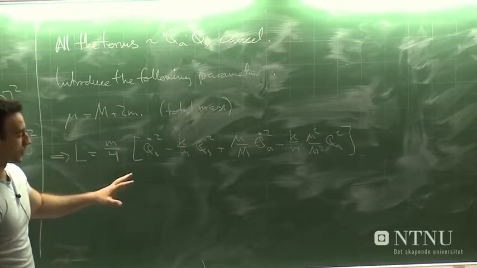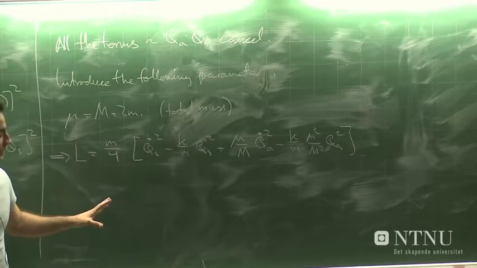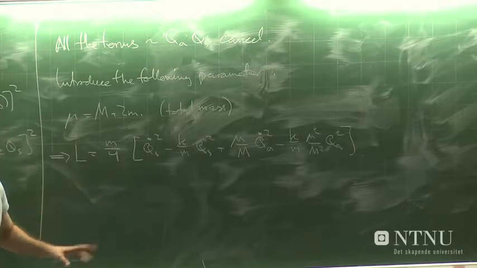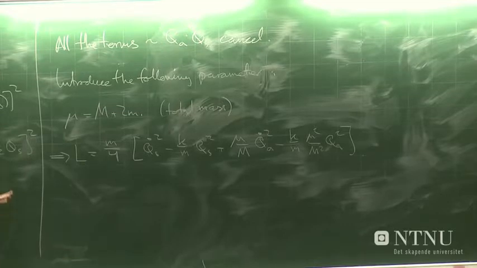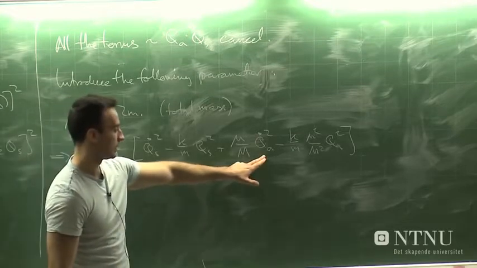And although we can see already that this system has the same form as two decoupled harmonic oscillators, we can make the equivalence precise by scaling these normal coordinates.